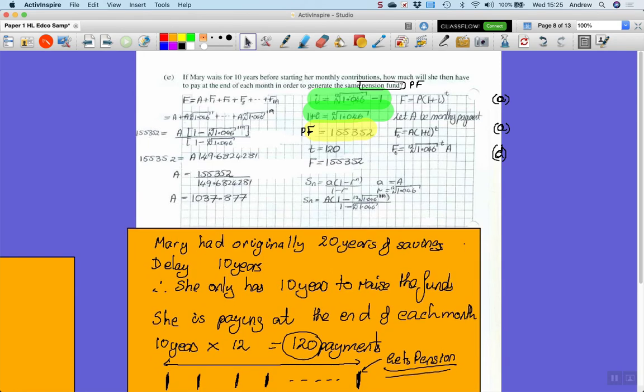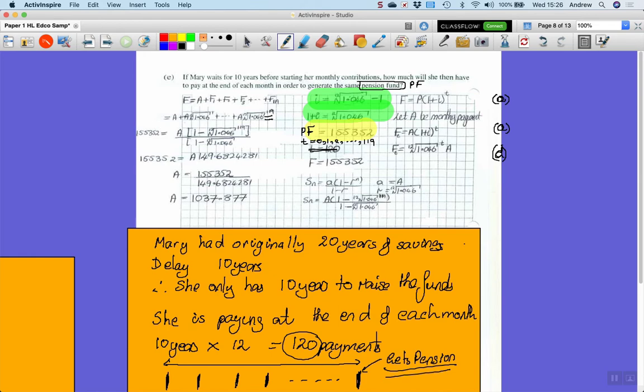So t isn't 120. T is running from t equals 0, 1, 2, all the way up to 119. So we have this formula over here. The first is t to the 0, that's 1, and the final one is 119.